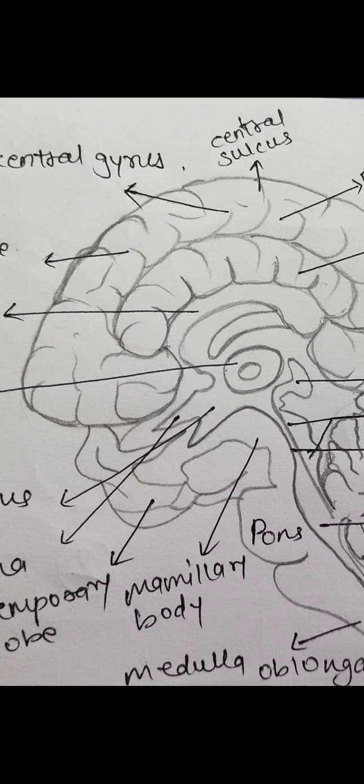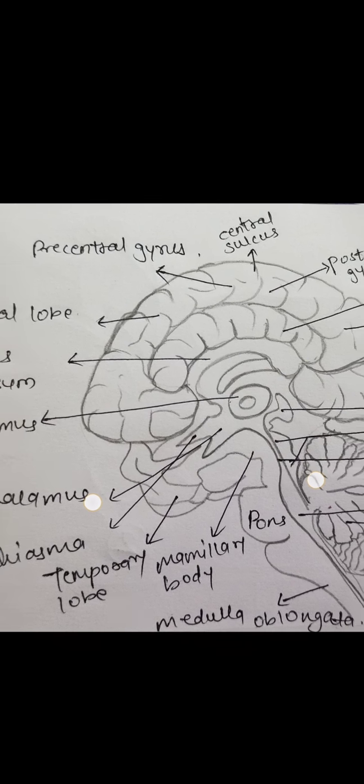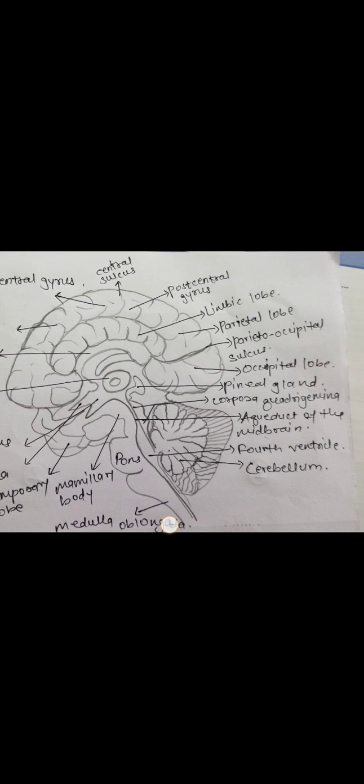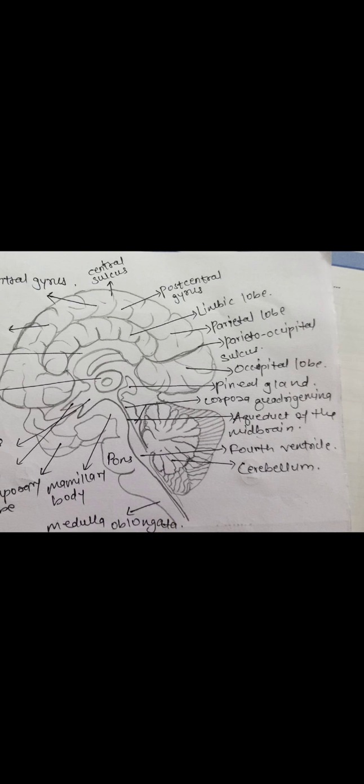You guys can see the hypothalamus is just below the thalamus. Cerebellum, fourth ventricle, corpora quadrigemina. Okay, so these are the main parts of the brain.